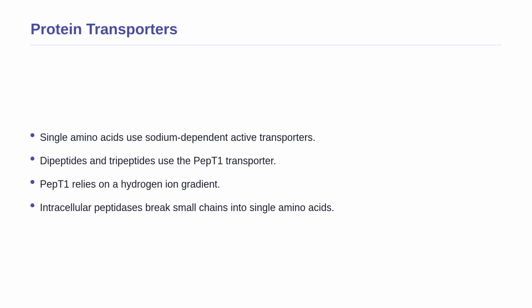However, the small chains use a highly efficient transporter called PepT1, which cleverly uses a hydrogen ion gradient instead of sodium. Once these small chains are inside the cell, special enzymes called peptidases break them apart into single amino acids before they exit into the bloodstream. This dual pathway system ensures rapid and efficient harvesting of nutrients.